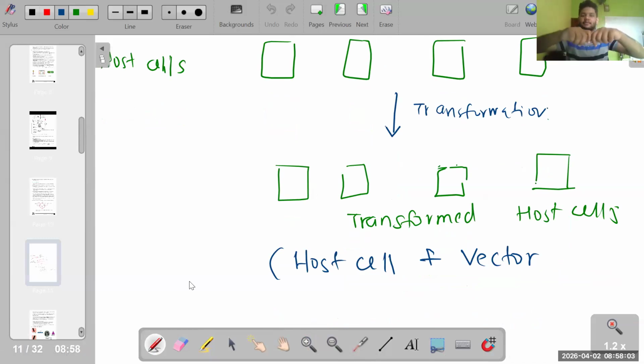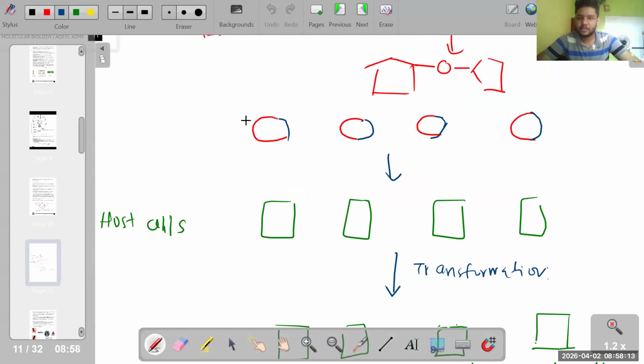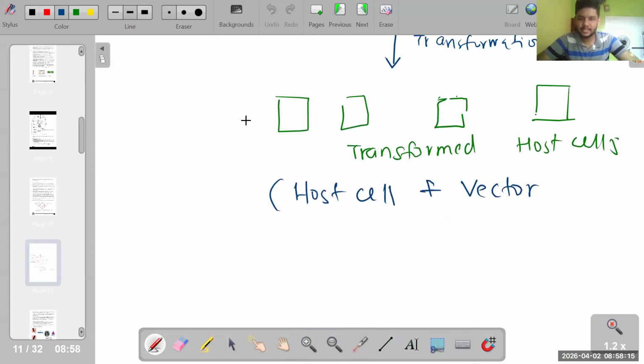What I did, I completely tore off those polythene bags and completely released it. And each one of them, irrespective of the other, I introduced into vectors. So can you understand? Each one of them is non-identical, right? Each transformed host cell is non-identical. Now they are going to reverse the process, right? Now I'll explain it.